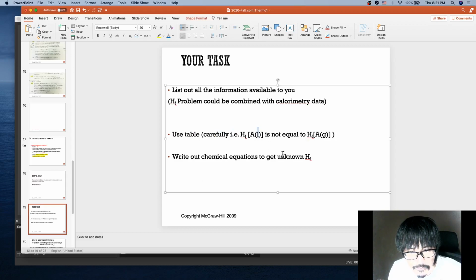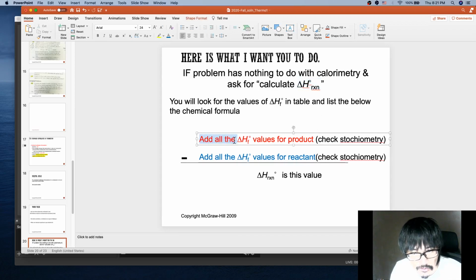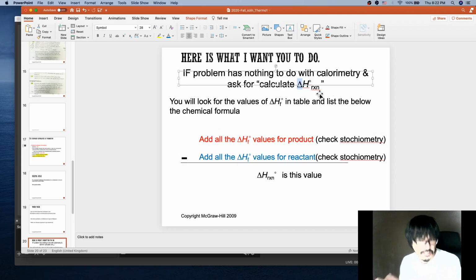Be careful with liquid, gas or solid, because sometimes the liquid and gas have different enthalpies of formation. And how do you get the delta H of the reaction? You add all the delta H f values for the products, so product minus reactant, because delta is always the final state minus the initial state, and the final state is the product.